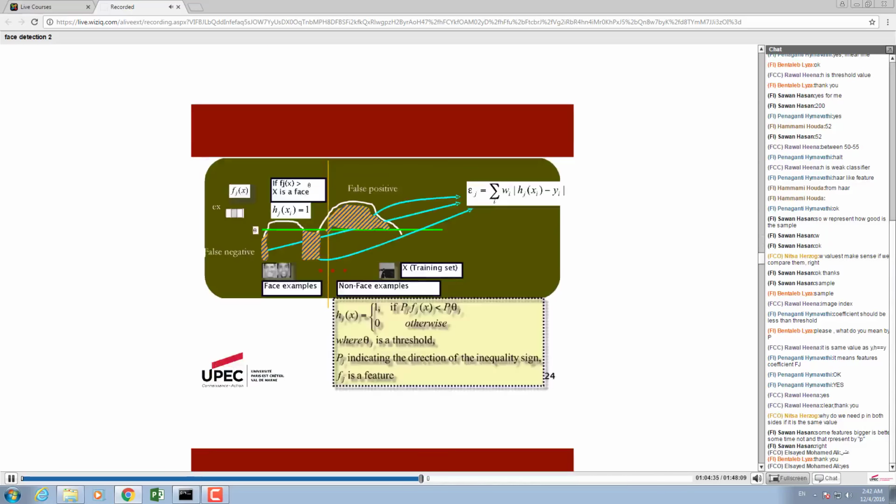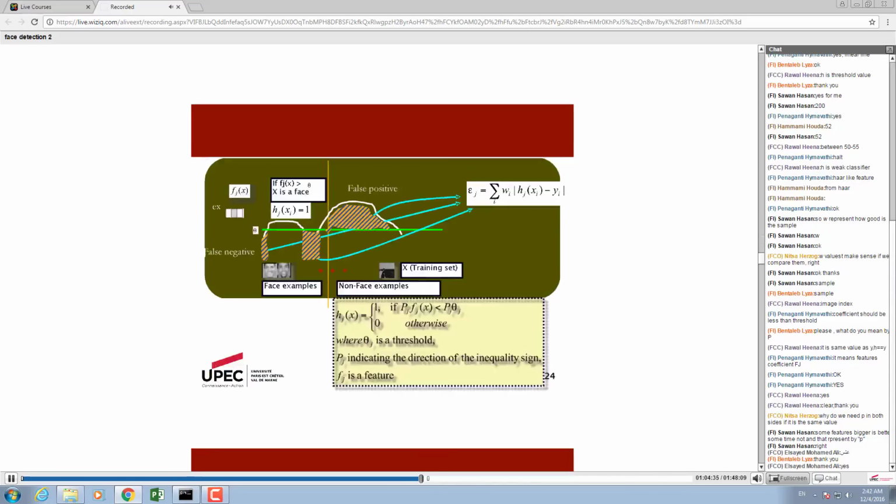So now, using this weak classifier. By the way, every weak classifier, as we have already discussed, can give us the right answer. So how can we know if the classifier is giving us the correct answer or the wrong answer?